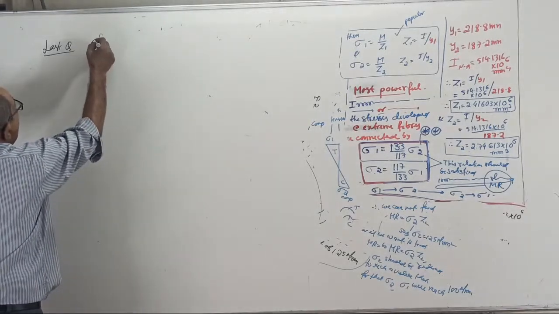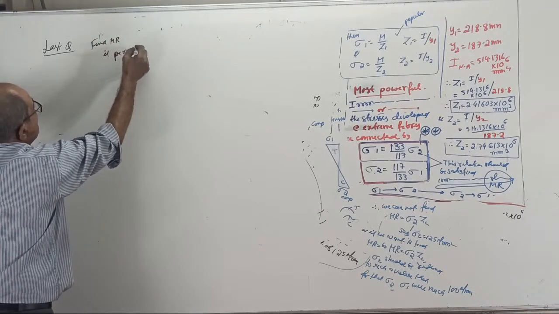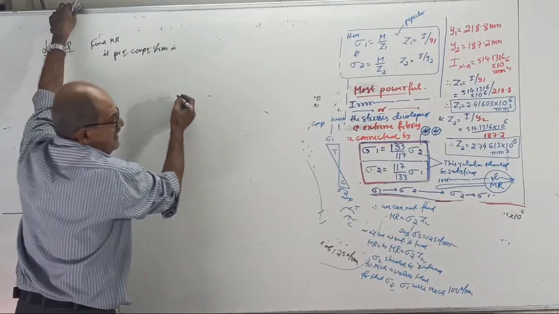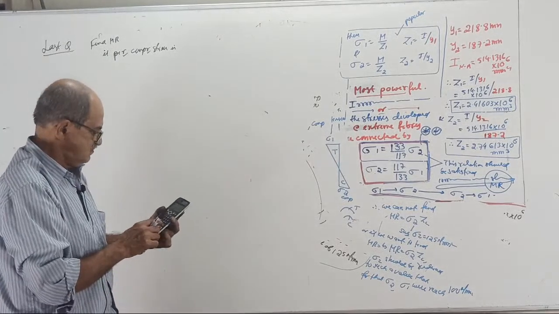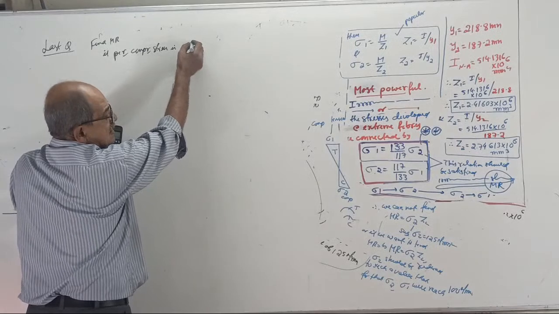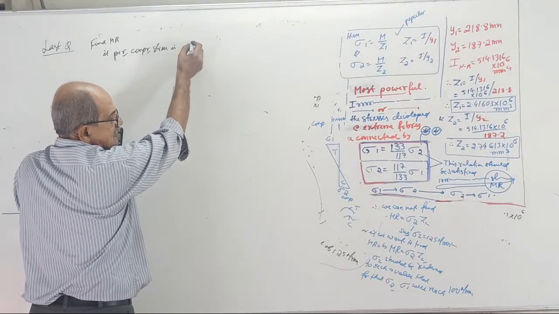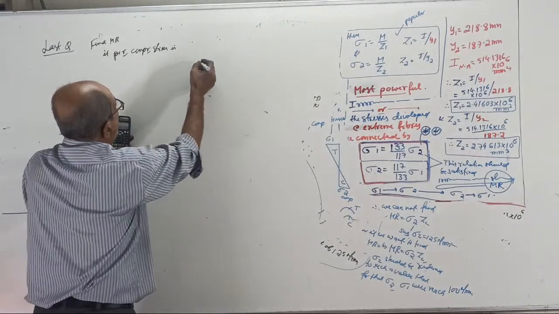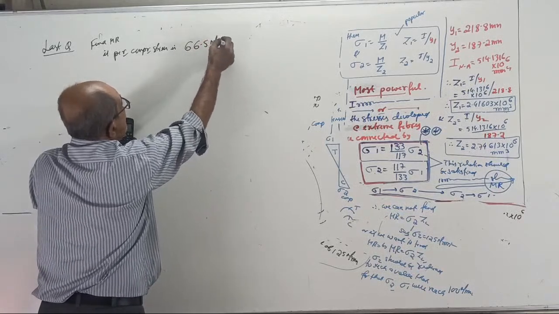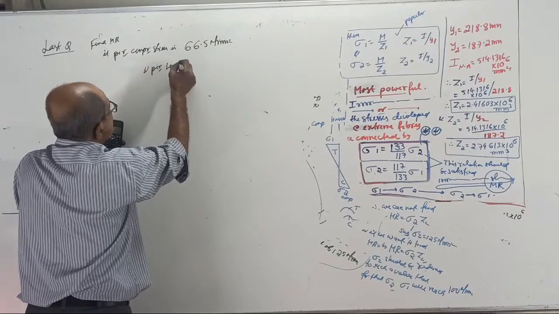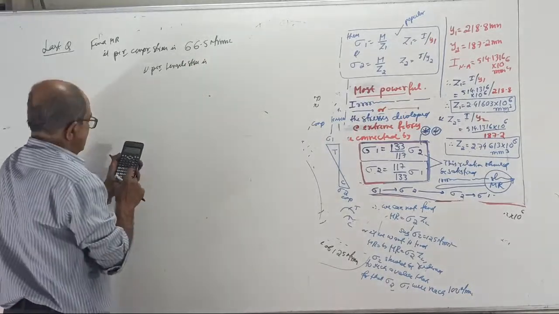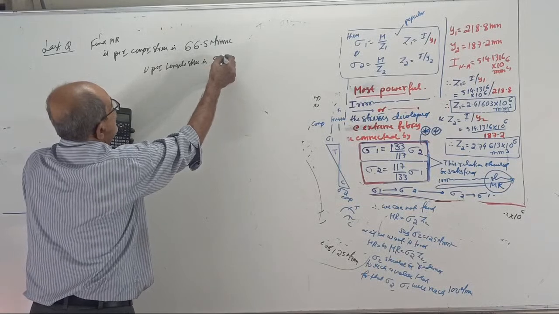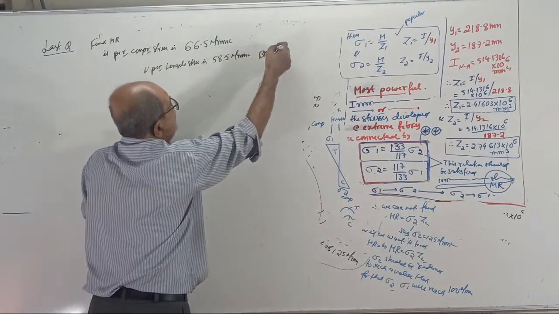Last question. Find MR if permissible compressive stress is 66.5 Newton per mm square and permissible tensile stress is 58.5 Newton per mm square and bending moment is sagging.